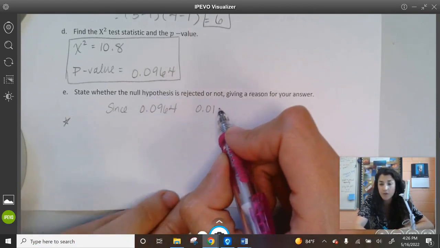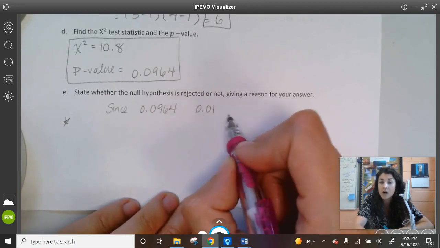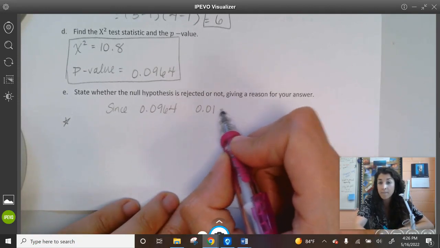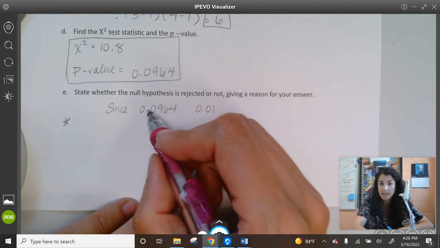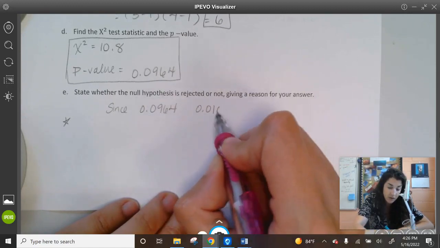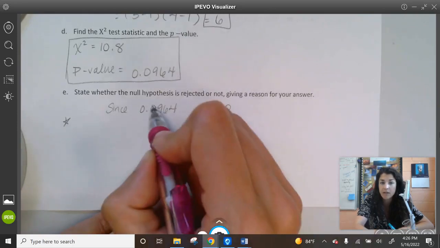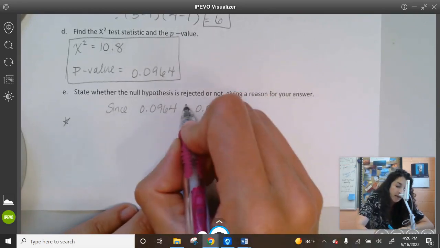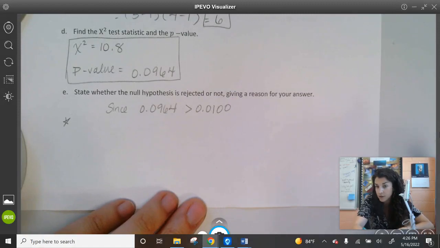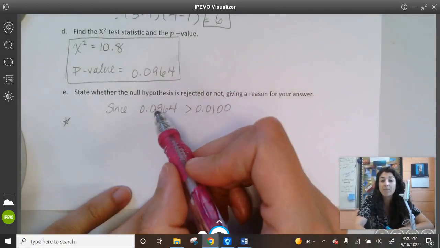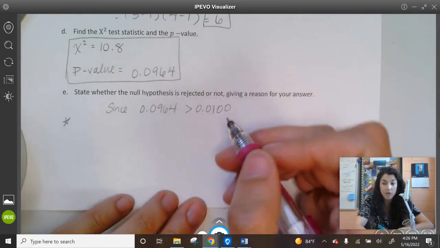How you match the number of decimal places is adding zeros onto the decimal number that doesn't have enough decimal places. This has 4 decimal places, so I'm going to add in 2 zeros to make it also have 4 decimal places. 100 compared to 964, 964 is larger. Okay, so my P is high, so we fail to reject.